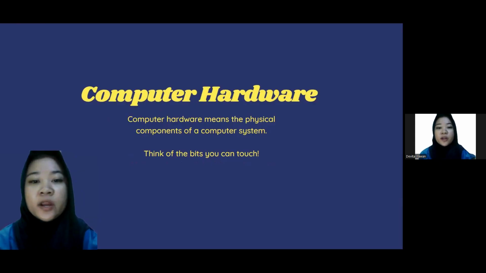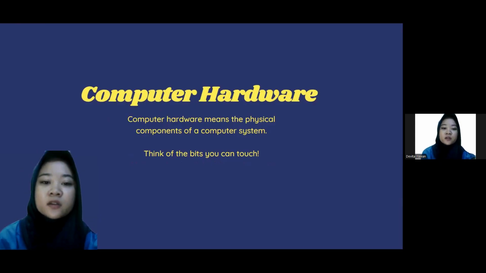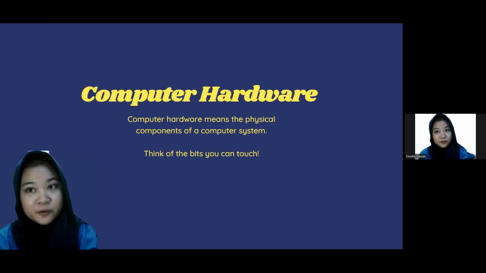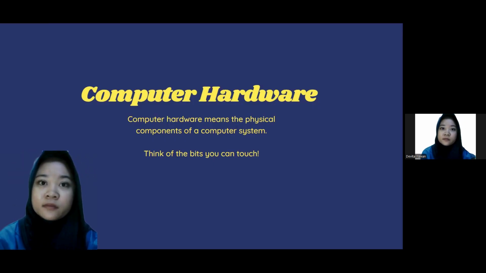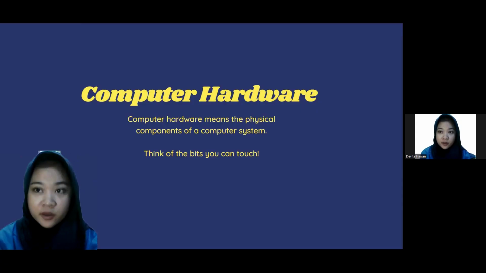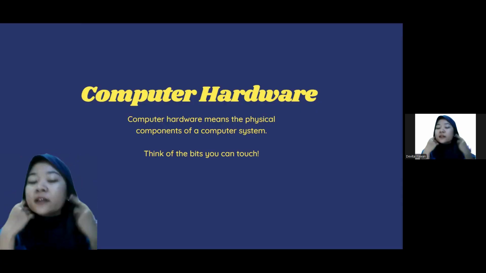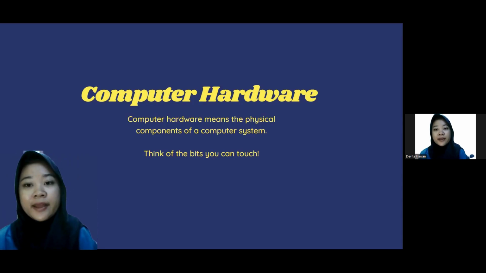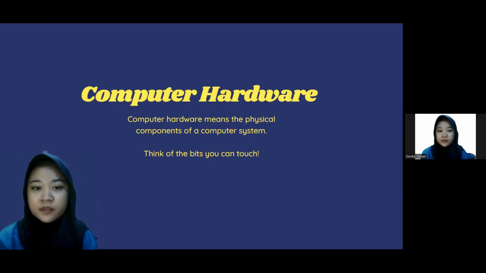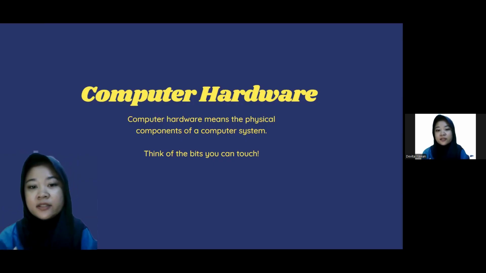Computer hardware means the physical components of a computer system. Think of it as something you can touch. As I said in the first video, in the opening, what is the difference between software and hardware. So this is the difference, guys.